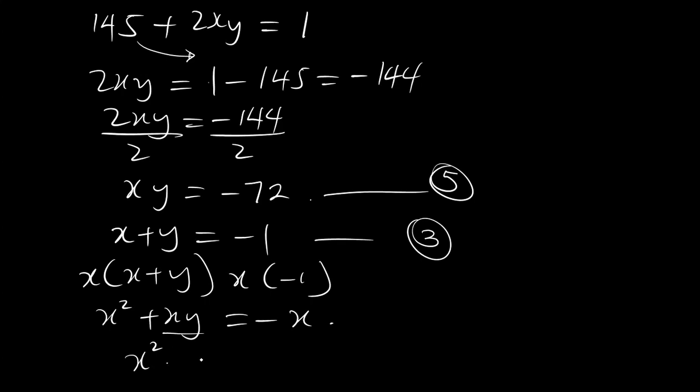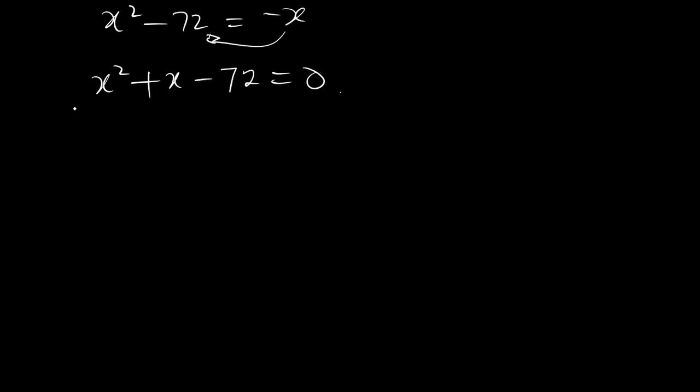So we have x squared minus 72 equal to minus x. If you move this x to the other side, you now have x squared plus x minus 72 equal to 0. So we now factor this.